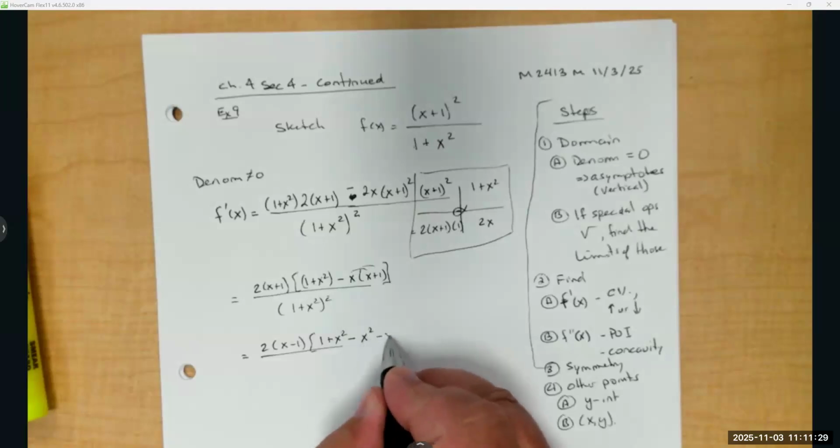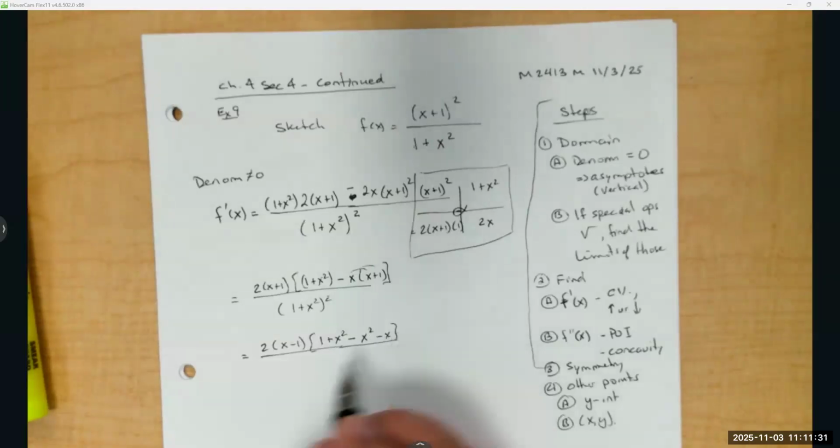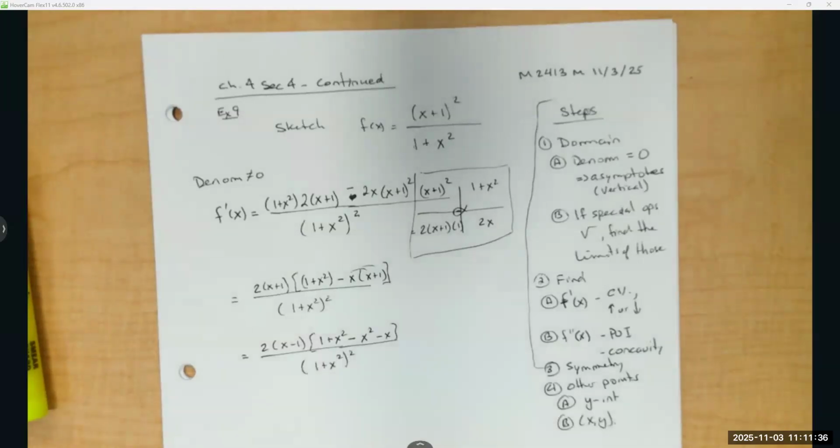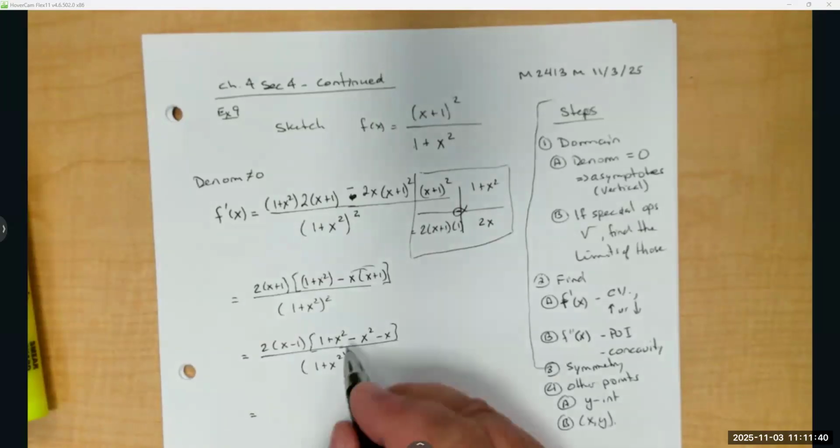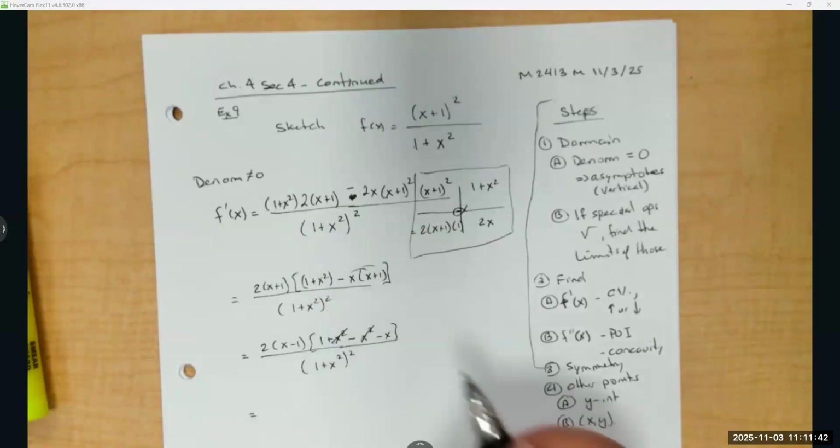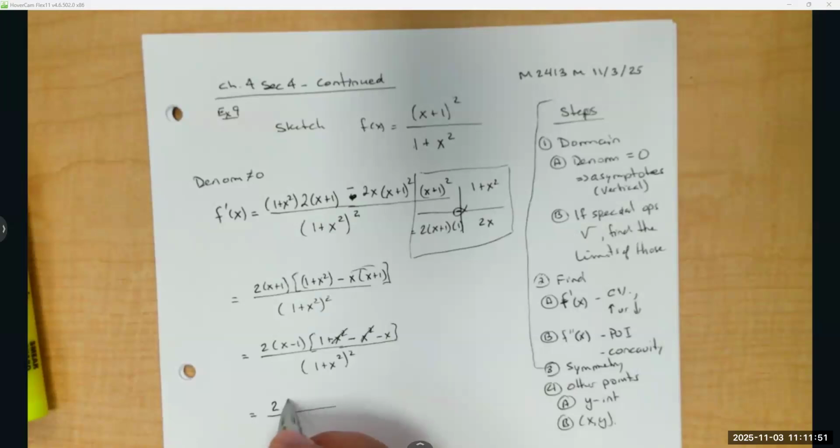X squared minus x. X squared cancel. So we have 2x minus 1 times 1 minus x.